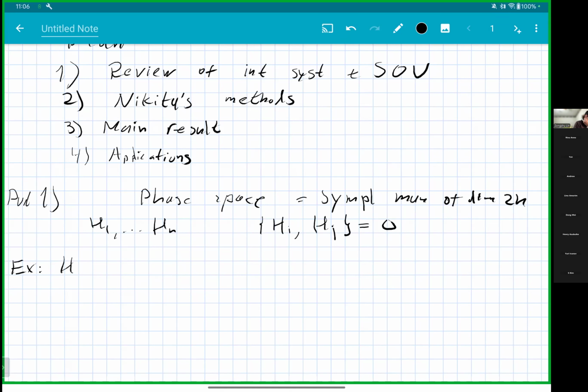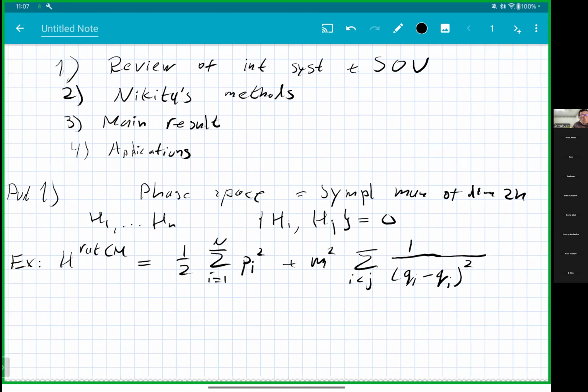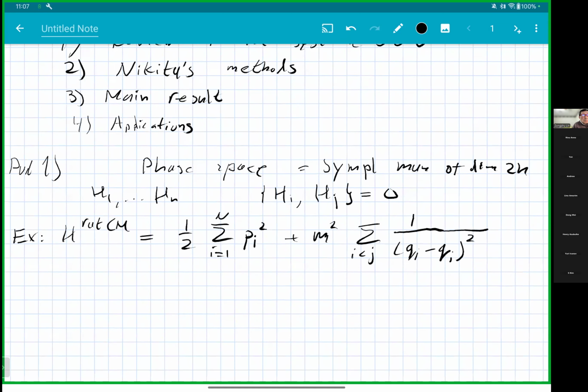So, for example, the simplest case, but still relevant to our talk, is the Hamiltonian of the Calogero-Moser system. Here, the variables p_i and q_i are canonically conjugate to one another under the standard symplectic form. But now comes the question.